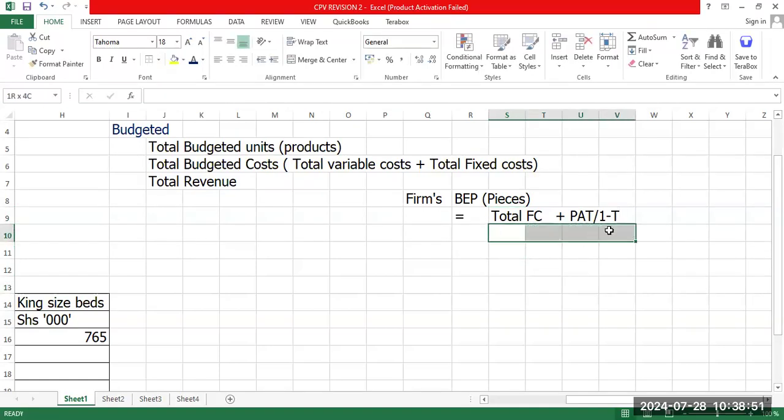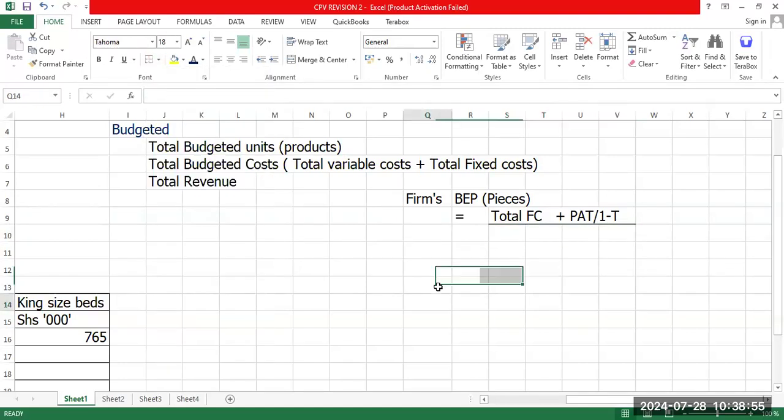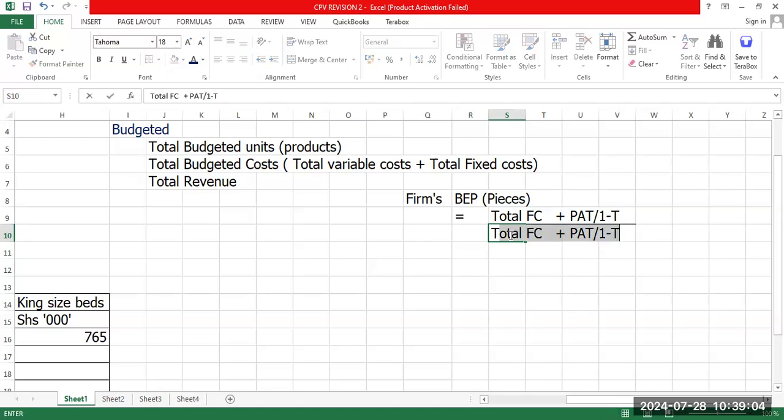Then everything you get divided by, if you have sales mix, you can divide it by total weighted average contribution per piece.